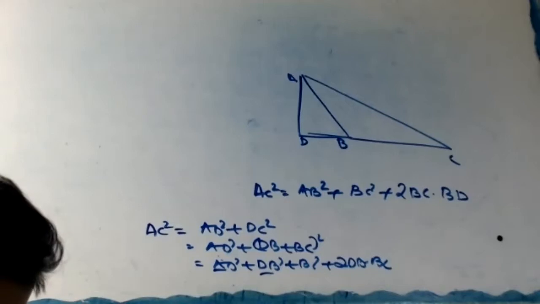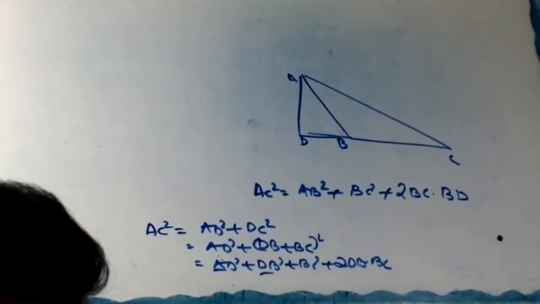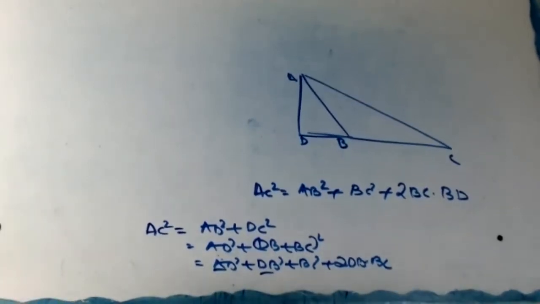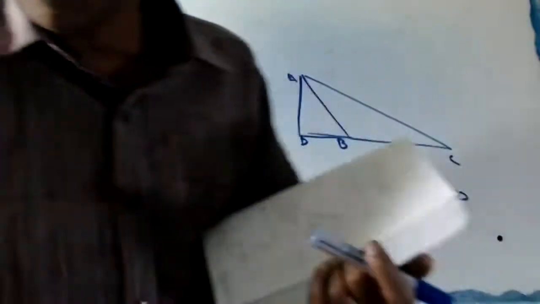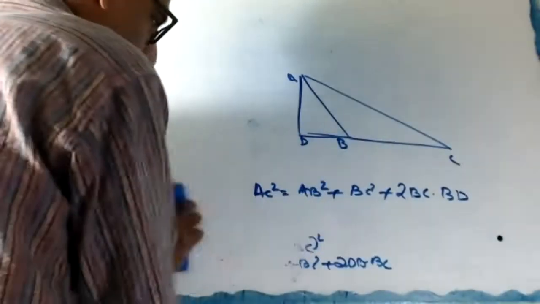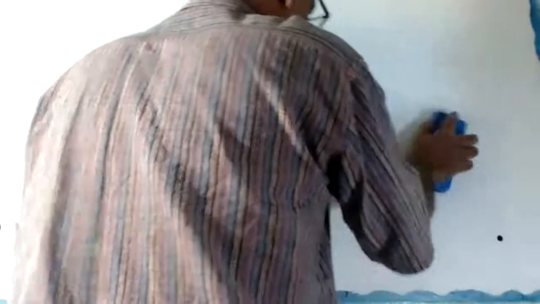Listen, in triangle ABC, angle ABC less than 90, like this.